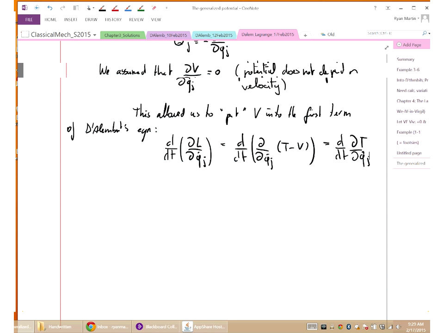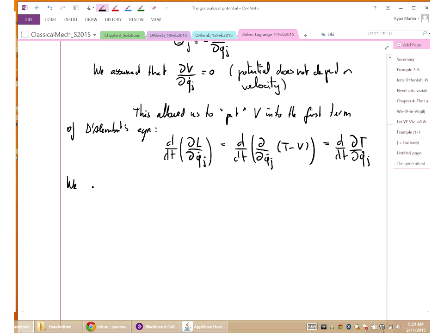Okay. So we can generalize this better, and we don't have to necessarily make this restriction. We can generalize this to the case of what we call monogenic forces.